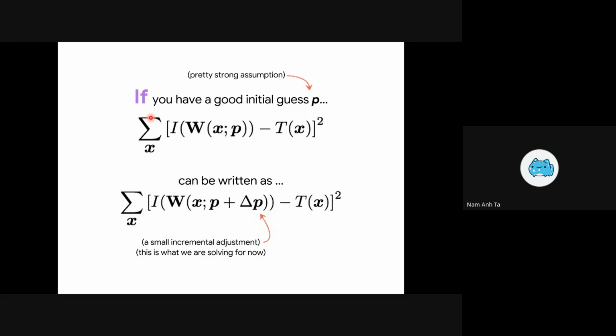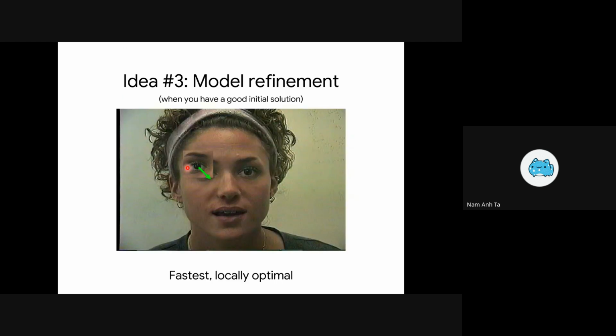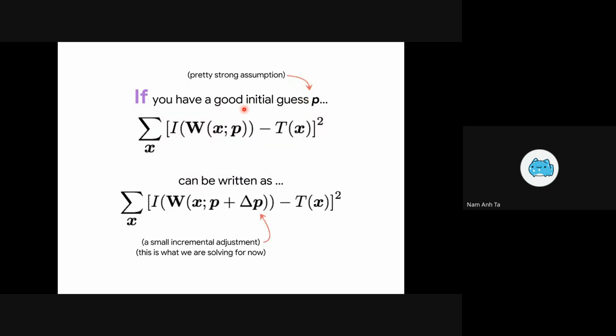Assuming that we already have a decent initial guess, a nearly correct answer, instead of solving the entire optimization problem from scratch, we only focus on finding a small adjustment delta p. The process is to update the parameters from p to p plus delta p, and then repeat this until the alignment is perfect.